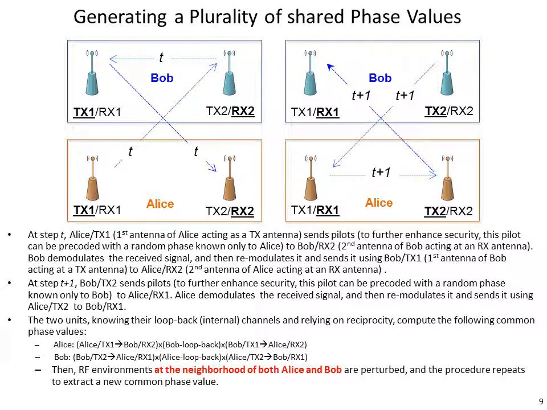Note that to further enhance the security and the secrecy level, Alice can apply a random initial phase to that pilot signal that she is sending, and then compare the phase between what was sent and what was received to measure the phase in this channel, in this path.